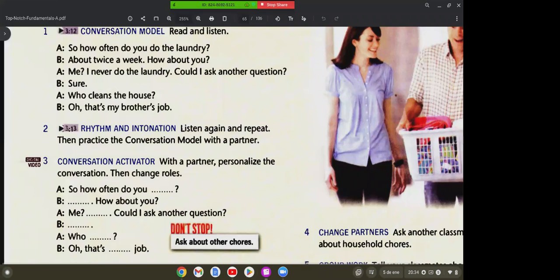How about you? Me? I usually take out the trash every day. Can I ask another question? Of course.